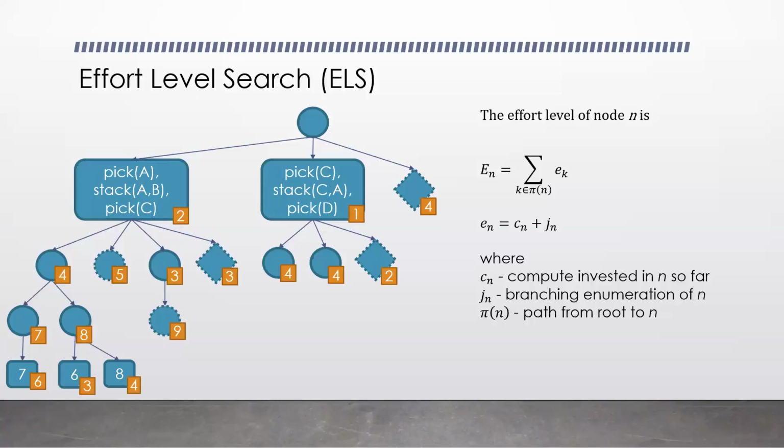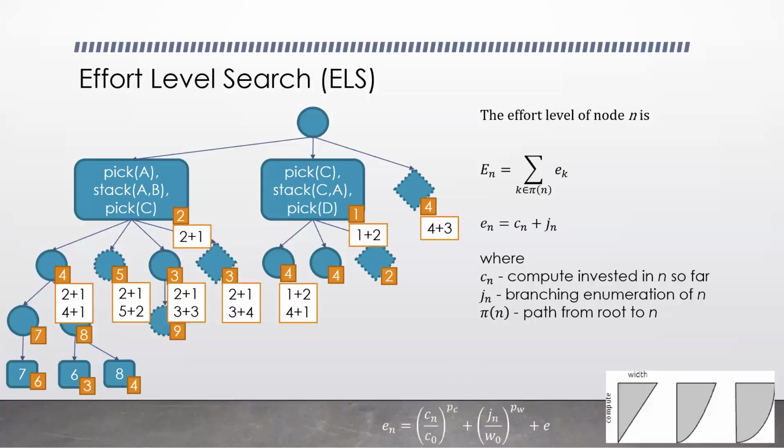So you penalize spending too much time on a node, you penalize going too wide, and you penalize going too deep. By doing a best-first search based on this, you get something which balances all of these different dimensions. So this is effort level search, and of course, you can complicate things.